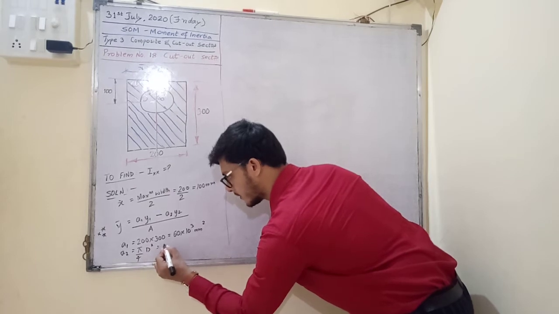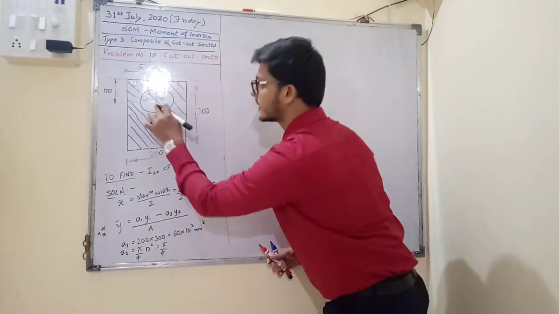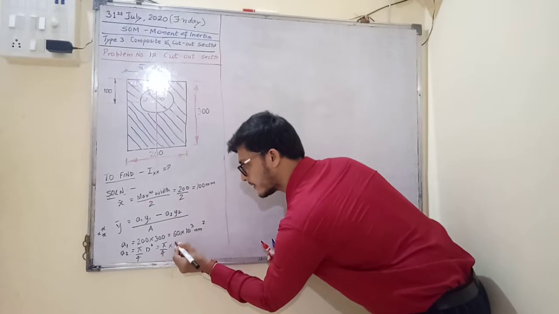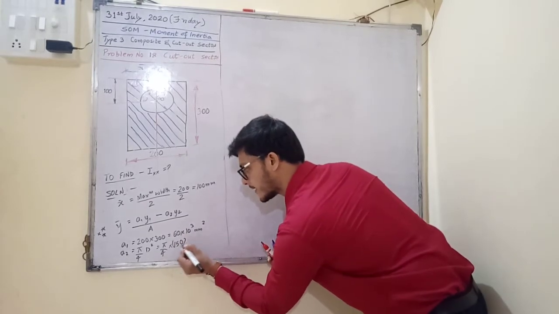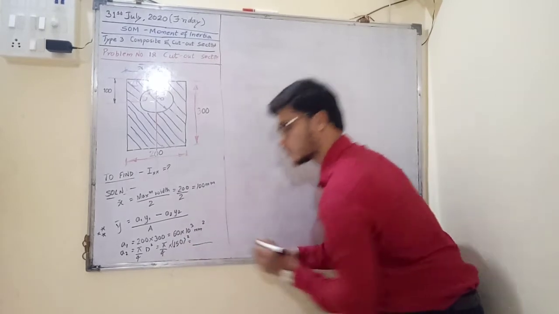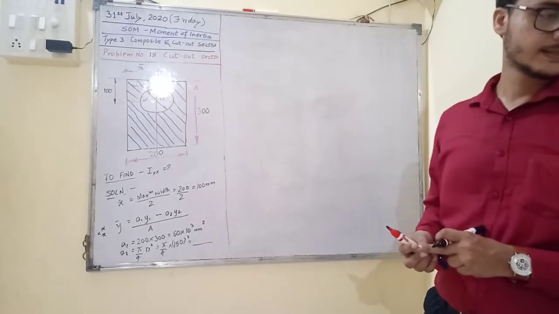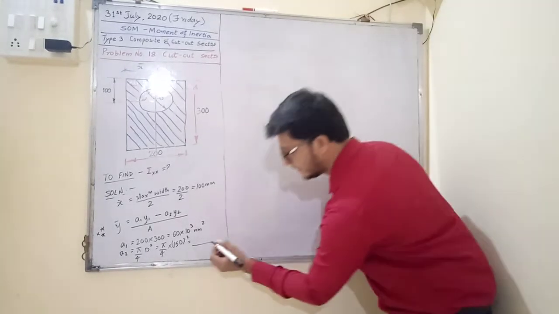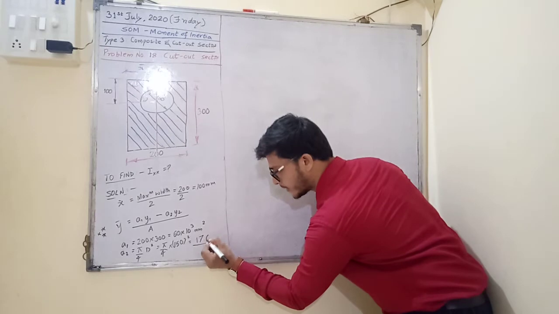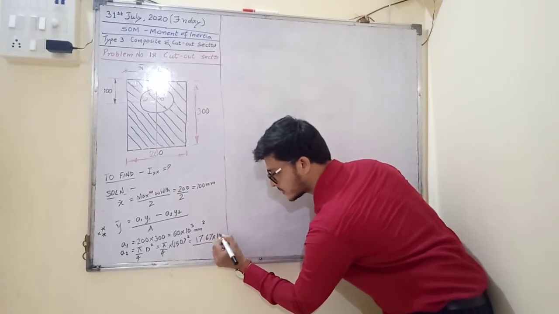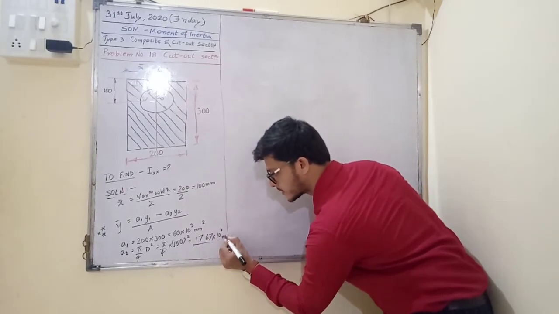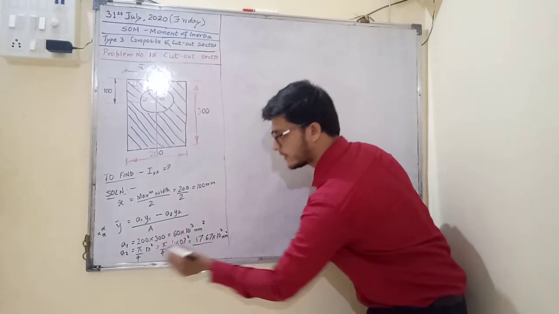So pi by 4, the diameter of this circle is given as 150, 150 square. So I am getting the answer as 17.67 into 10 raised to 3 millimeter square. So A1, A2 I have.